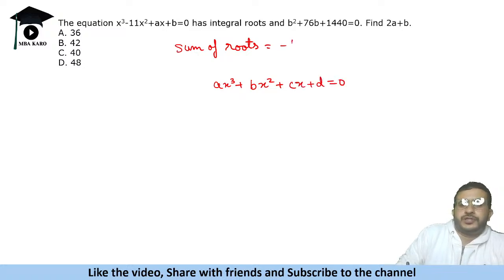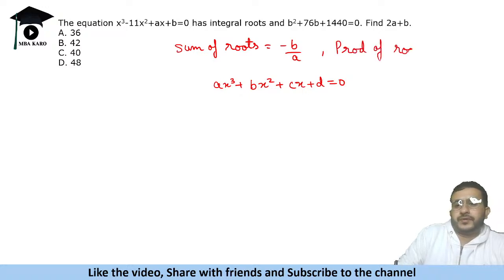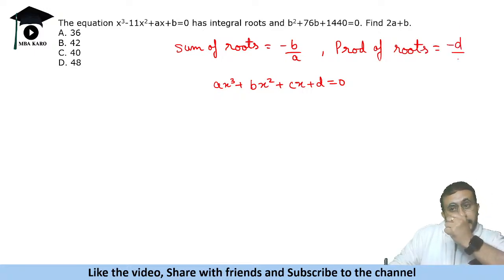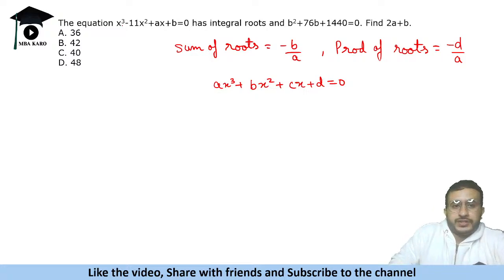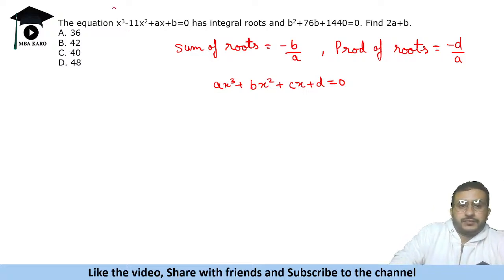So sum of roots is minus b upon a. Product of roots is equal to minus d upon a. ठीक है. So इसका sum of roots हो जाएगा 11 and product will be equal to b.